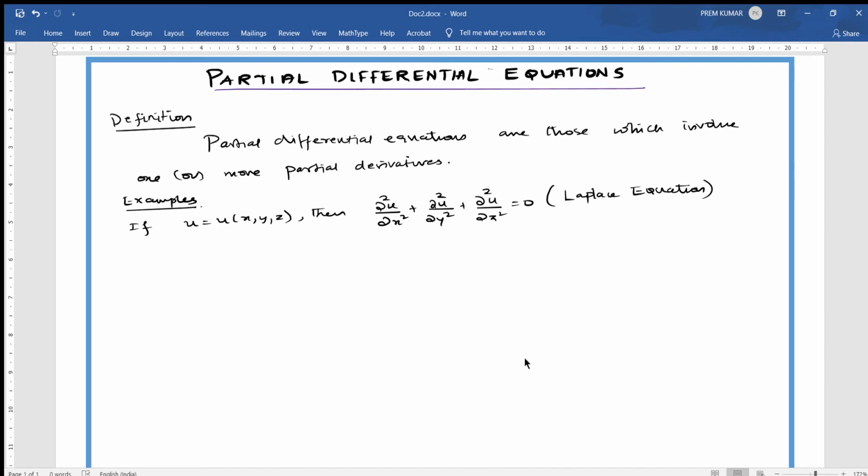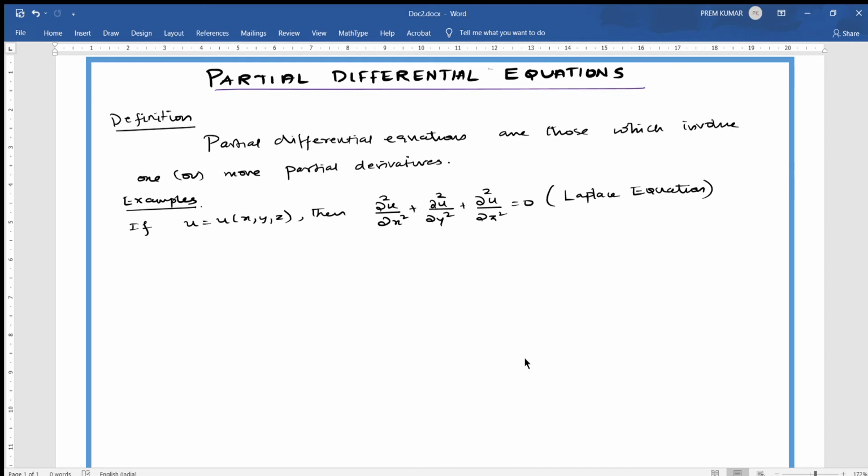The order of a differential equation is already discussed in ordinary differential equations. Same thing. The highest order present in this differential equation is 2, so the order of this differential equation is 2.